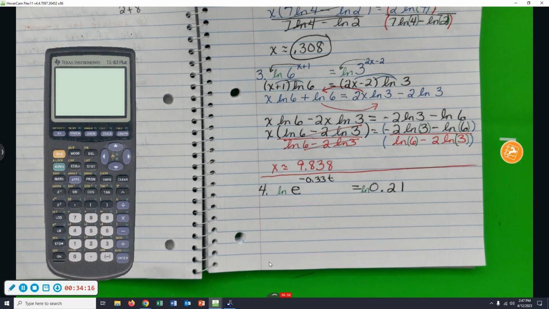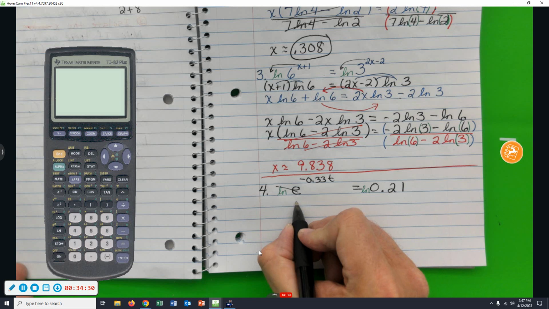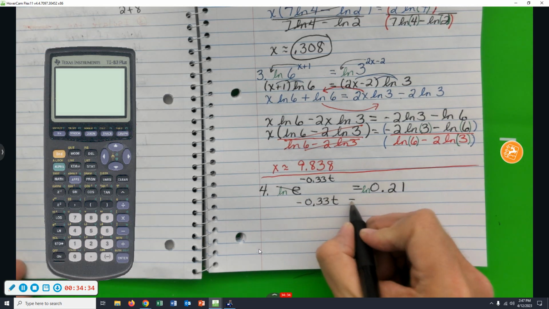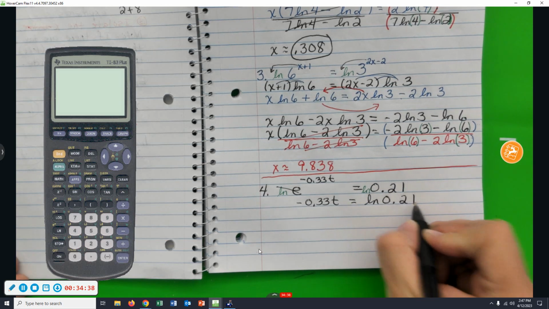And this is going to work out easier than the others. Why? What do we know about ln and e when they're side by side? They cancel. Good. So this ln and e cancel, and we're just left with a negative 0.33t equals ln 0.21.